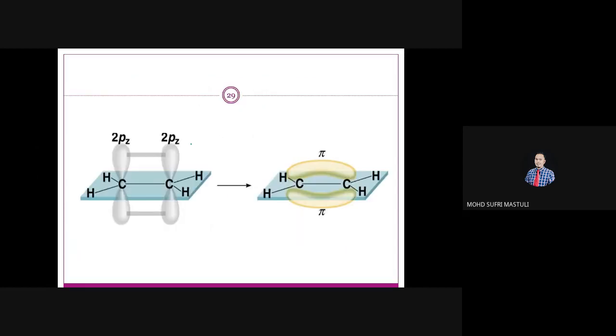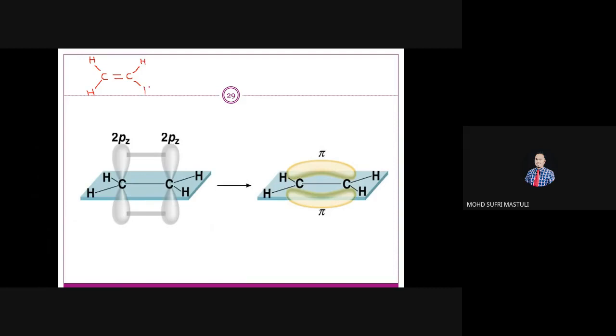So how to draw? Okay, we make it here. This is the C double bond C, and then they have hydrogen, hydrogen, hydrogen, hydrogen.